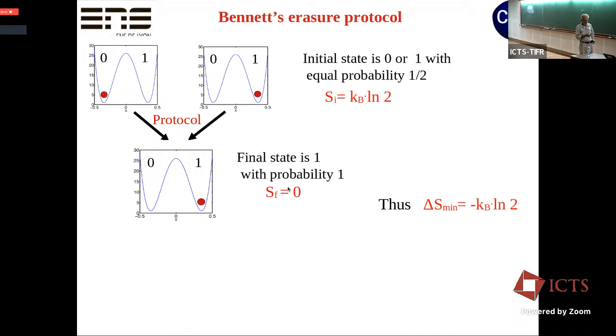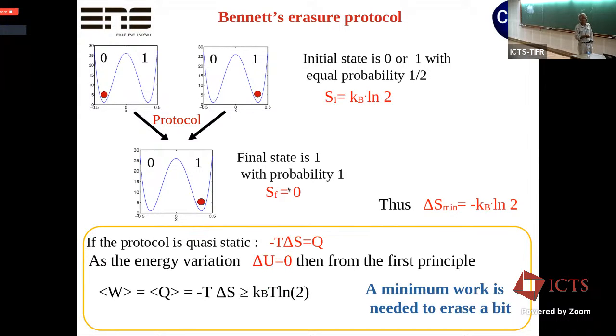And so it means that you have to do some work. If the protocol is quasi-static, minus TΔS will be the amount of heat exchanged with the heat bath. The energy variation is ΔU, and you see that the energy variation is zero because the form of the potential at the beginning and at the end is the same.